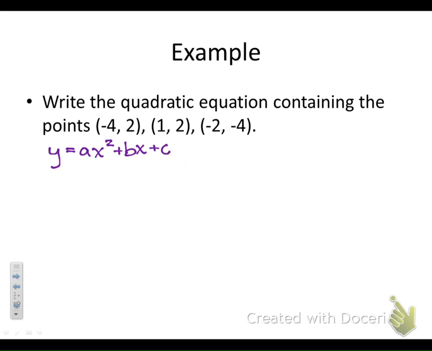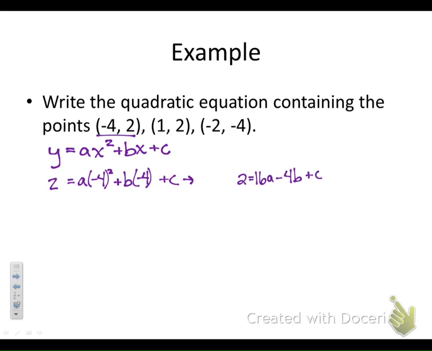Let's take the first point, (-4, 2): plug 2 in for the y coordinate and -4 in for the x. So one of our equations is 2 equals 16a minus 4b plus c.